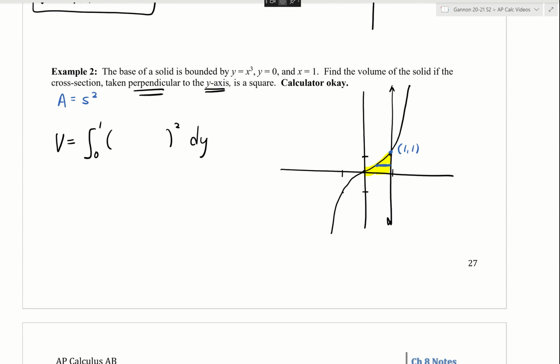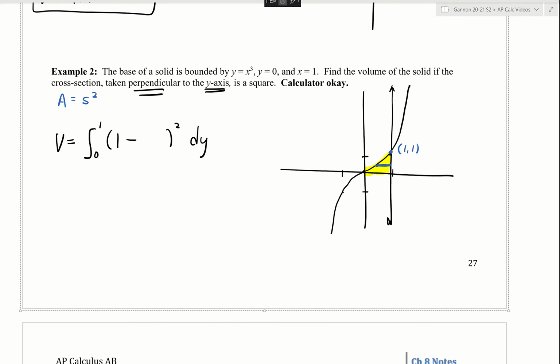The other thing you have to remember is that when we integrate with respect to y, our functions have to be in terms of y, and we're going to go right minus left. So the right function is that vertical line, 1, minus the left function, which is the cubic. Well, our equation y equals x cubed is in terms of x.